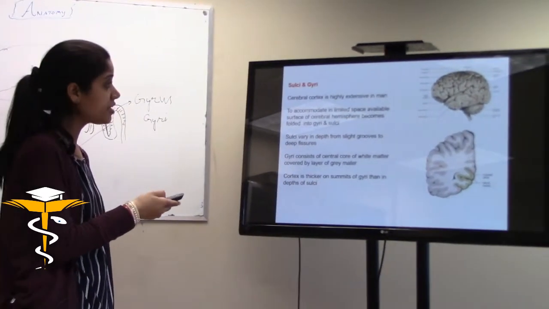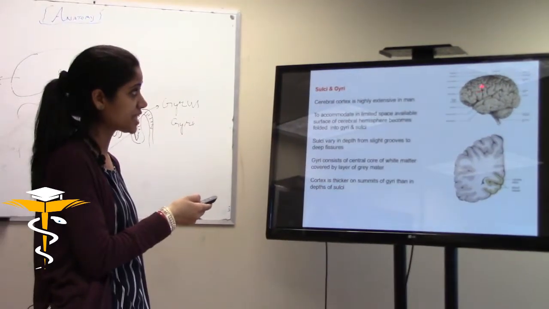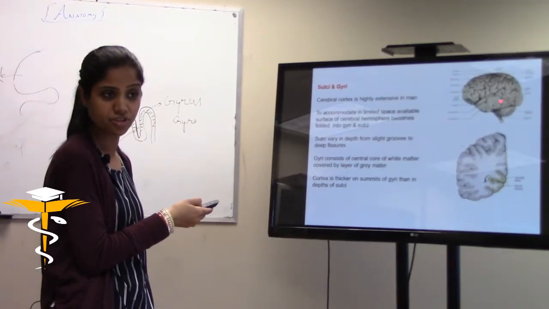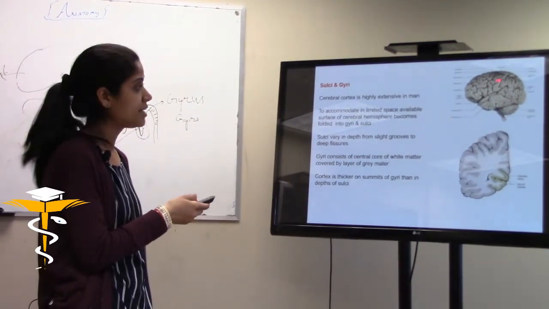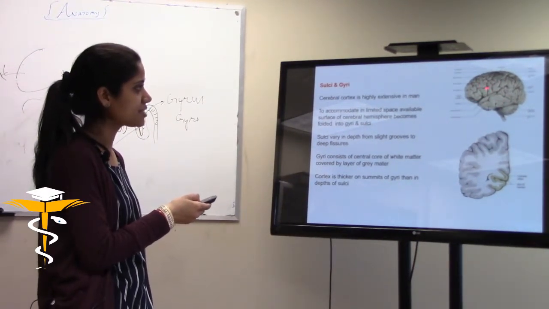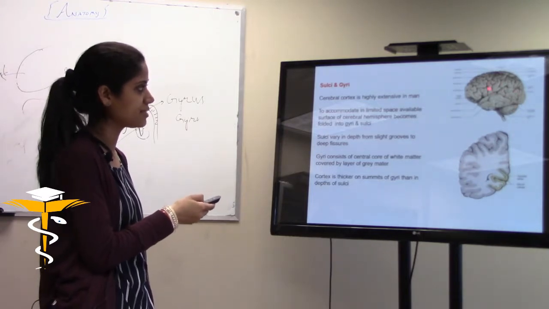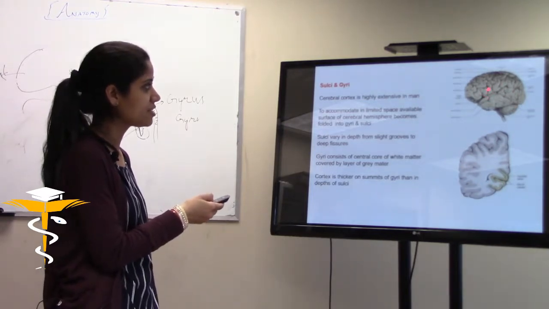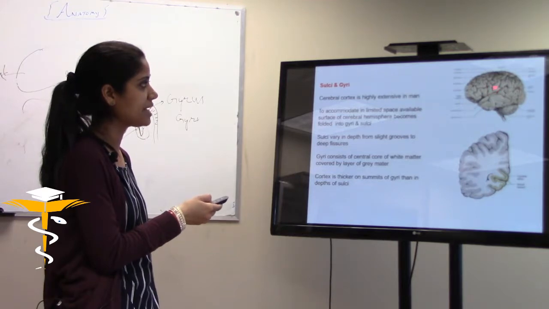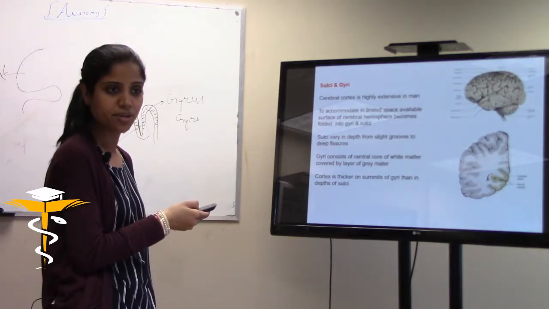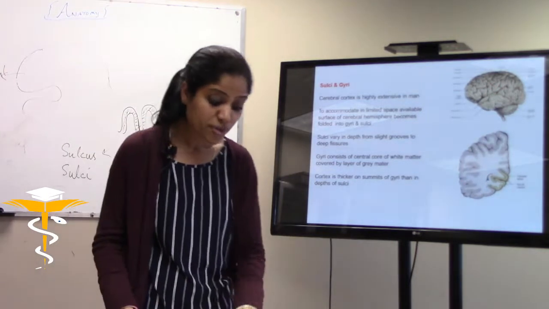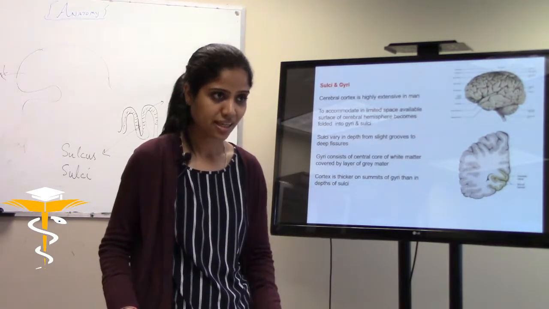You can see there are a number of surface elevations as well as depressions on the surface of the cerebrum. They are basically the gyri, whereas these clefts present between the gyri are called sulci. So what is the basic purpose of the formation of these sulci and gyri?